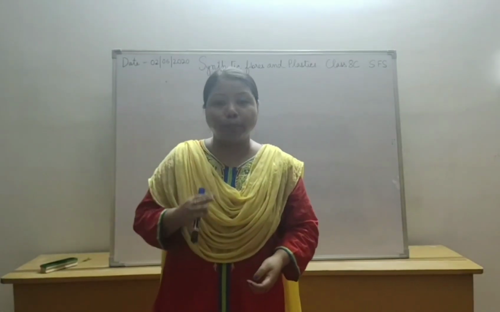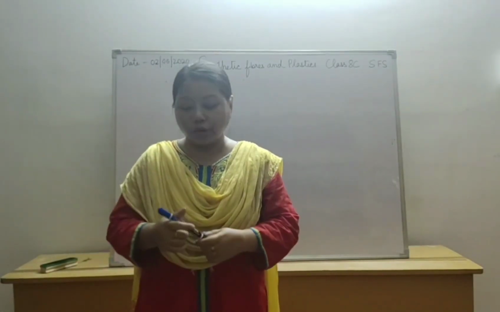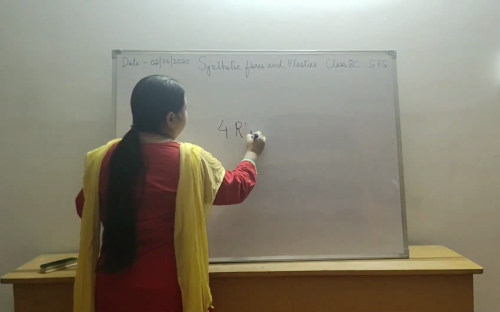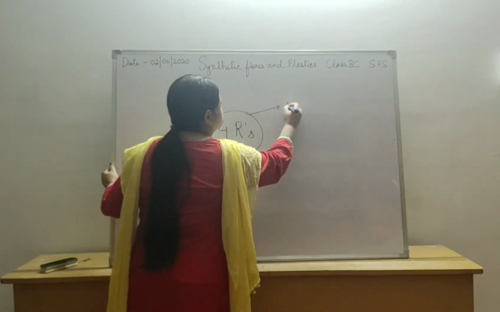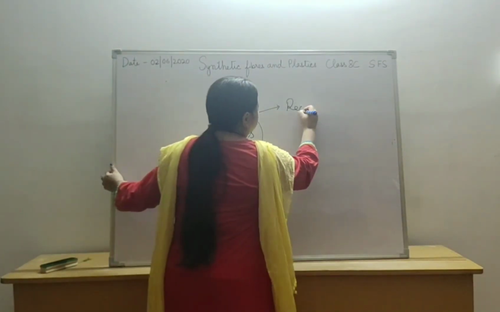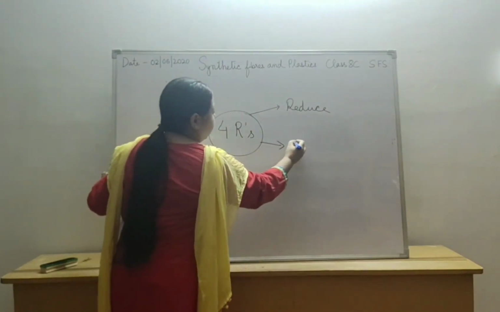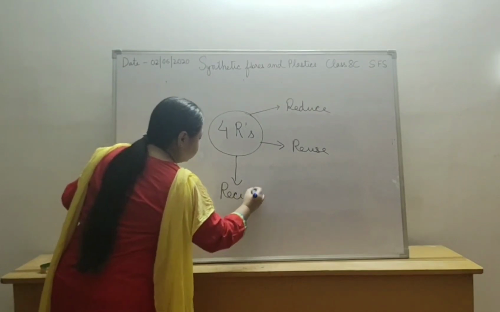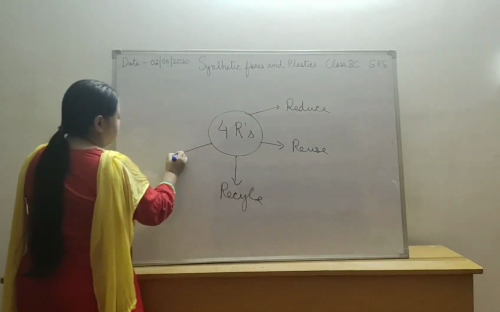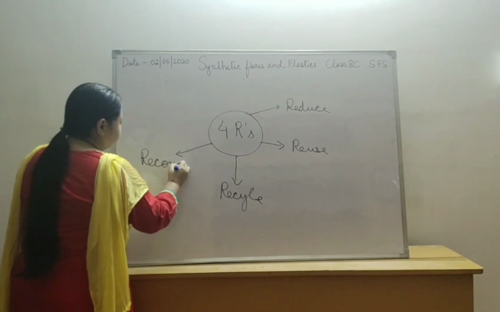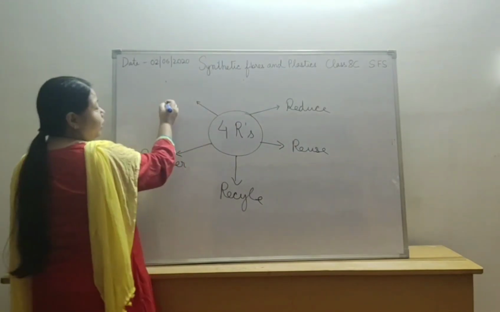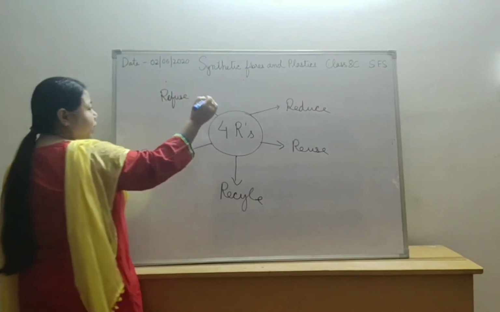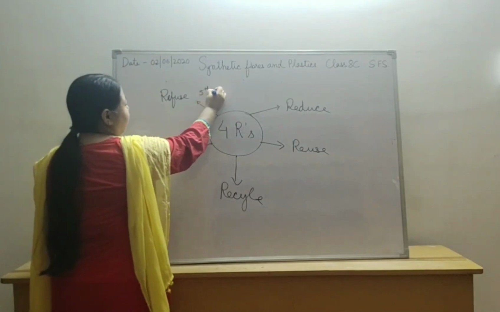Children, as a responsible citizen, we should remember the 4R principle, that is reduce, reuse, recycle, recover, and we can also add another R, which is refuse. Fine. So this is the 5th R.